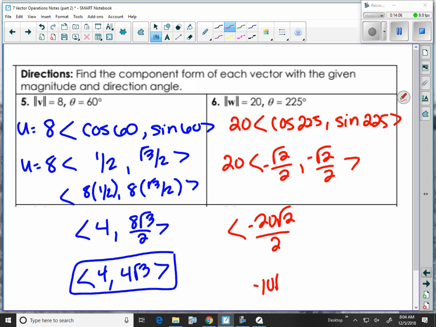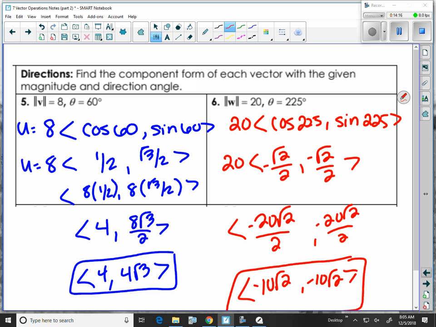So this would be negative 10 radical 2. Same thing here. So that's going to end up being great numbers, but that's okay. Sometimes that's going to happen. But we never, ever put decimals unless our angle is not on the unit circle. Sometimes that'll happen.